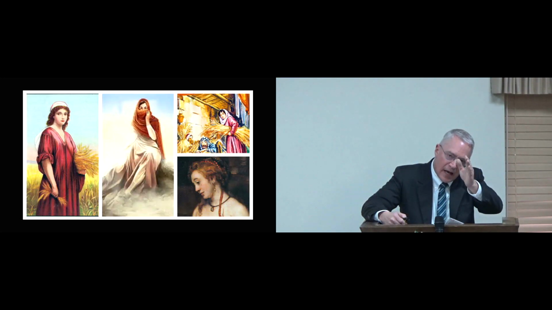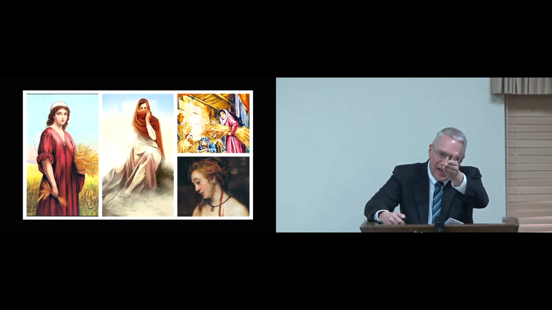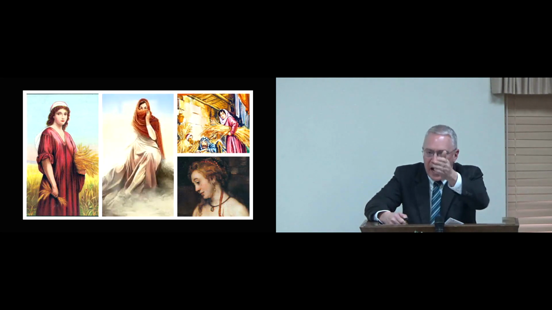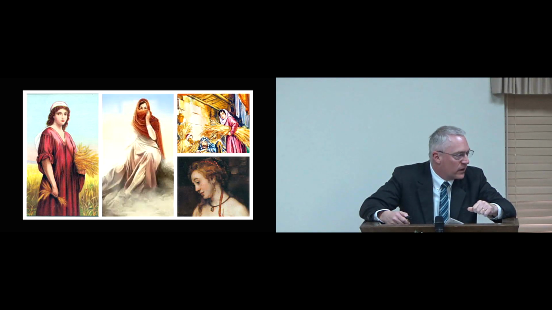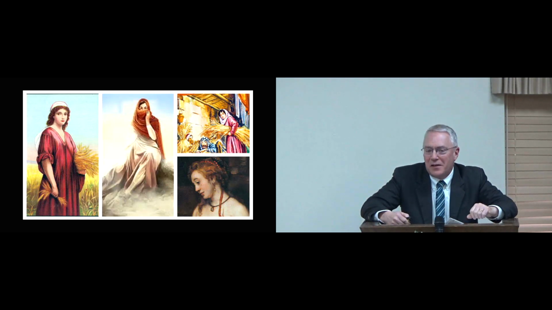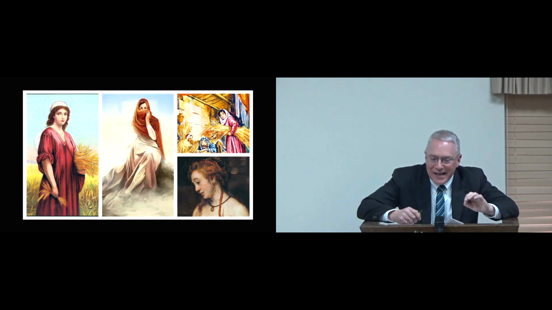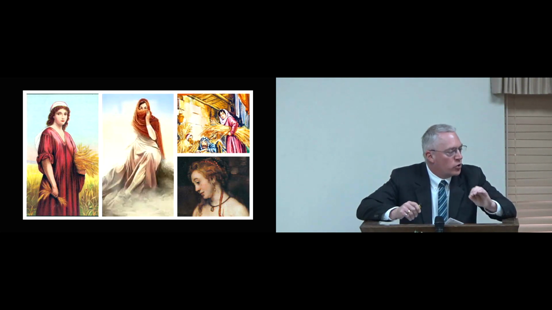The Messiah's line came through Tamar. The Messiah's line came through Rahab and Ruth and Bathsheba, despite all of the less than savory things that happened along the way. God is able to redeem.